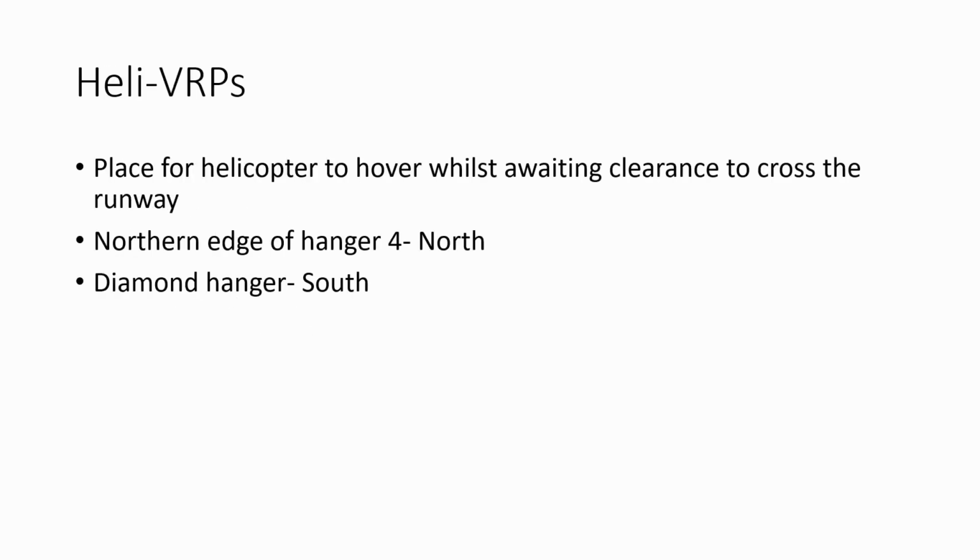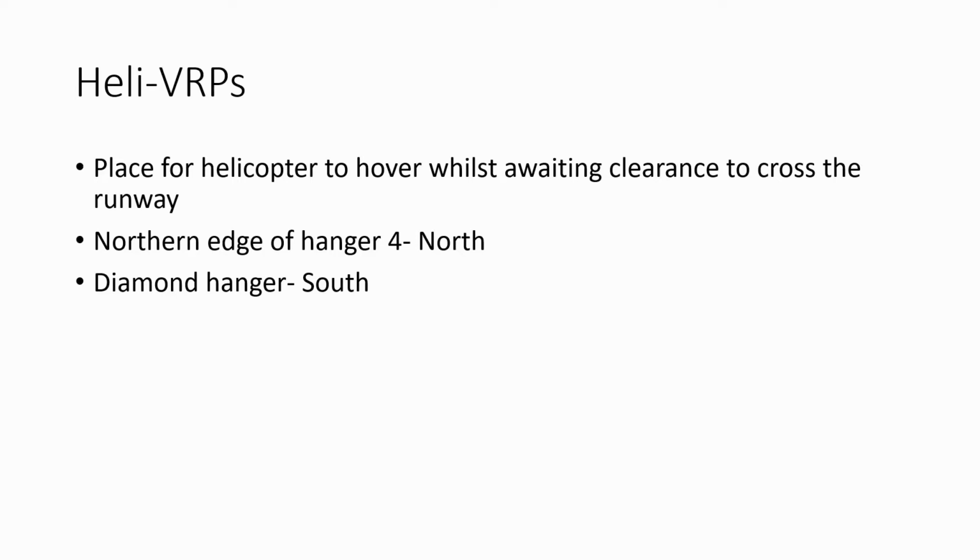Then we have helicopter procedures. First of all, there is an aiming point Foxtrot, which is in between, I believe, holding points Foxtrot 3 and Foxtrot 4. It's to the north of the aerodrome. And we have visual reference points for helicopters when they're waiting to cross the runway so they can hover near a reference.